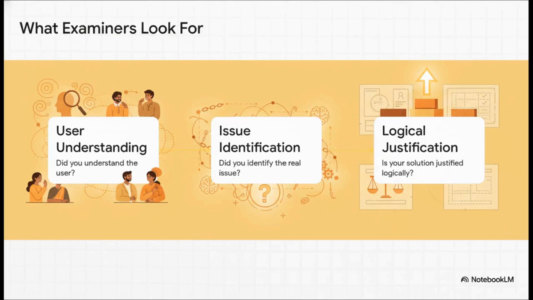When someone is looking at your work, whether it's a professor or a hiring manager, these are the questions they are really asking in their head. Your problem statement is the direct answer to those first two questions. It is the hard evidence that you actually understood the user and that you figured out what the real issue was. A strong definition gives you the logical reason for every single design decision you make later on.